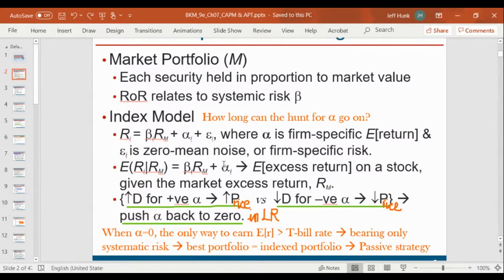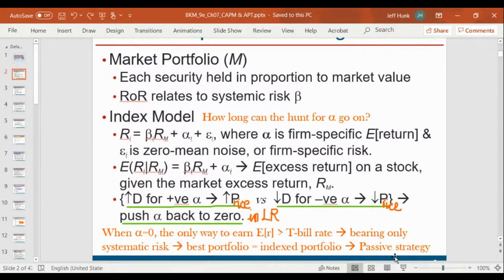If alpha is zero due to this, then the only source of excess return, of return greater than the T-bill rate, is beta, right? The best portfolio, therefore, will reaffirm our understanding already that the passive strategy is not a bad strategy.